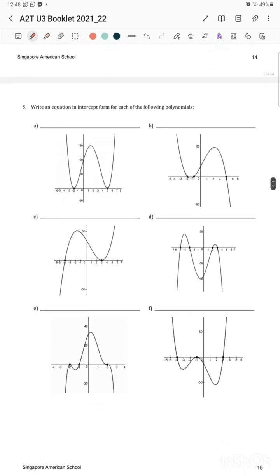Write the equation in intercept form for each of the following polynomials.